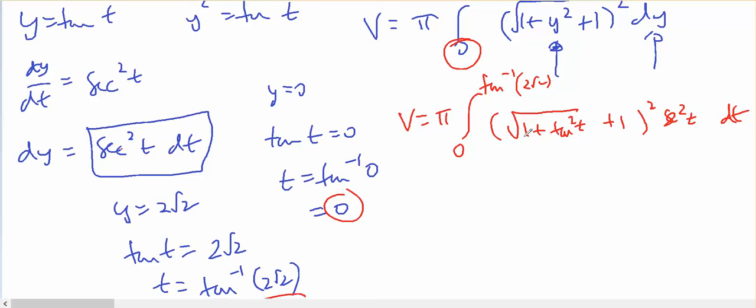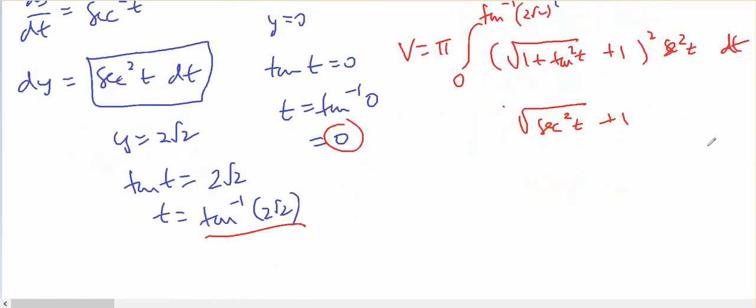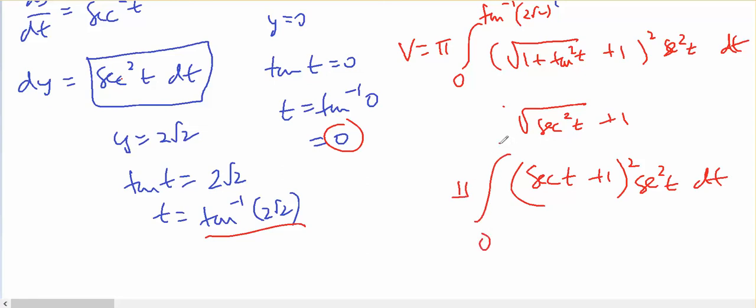And 1 plus tan squared is sec squared, so that's sec t plus 1, squared, times sec squared t dt. So V equals the integral of pi from 0 to the inverse tan of 2 root 2, which is V in terms of t instead.